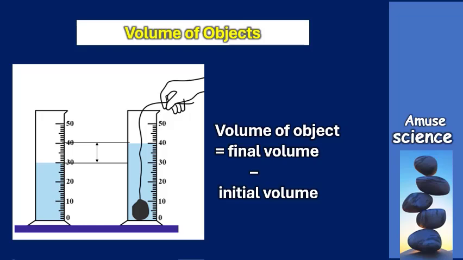So in case you don't know the volume of an object, you can use this method to determine the volume, and it is very, very accurate and very, very interesting.